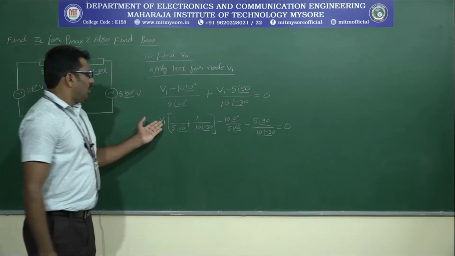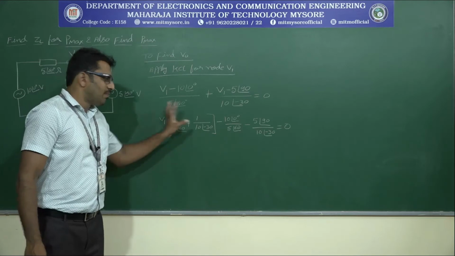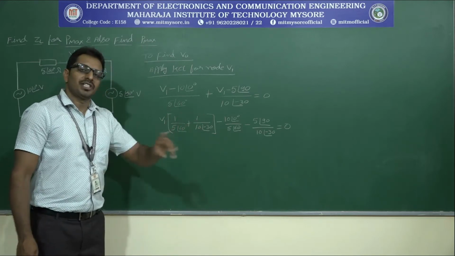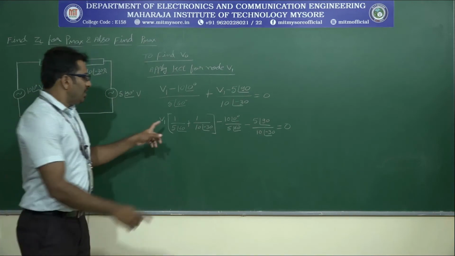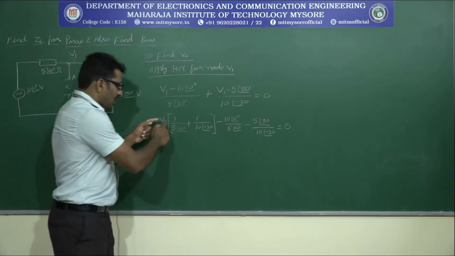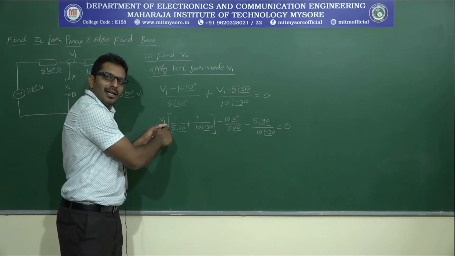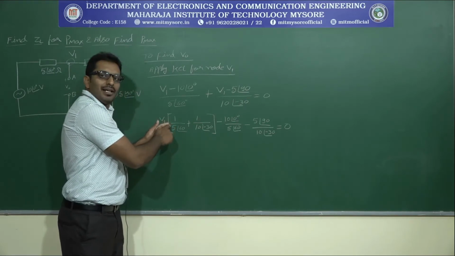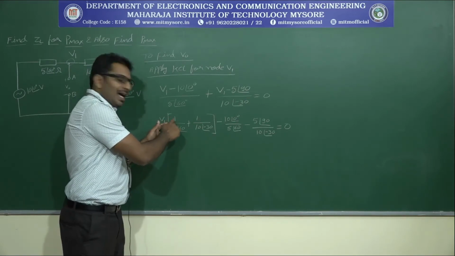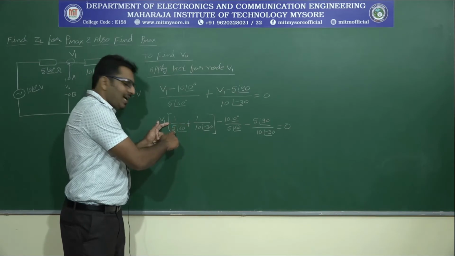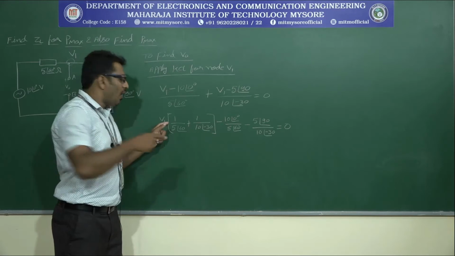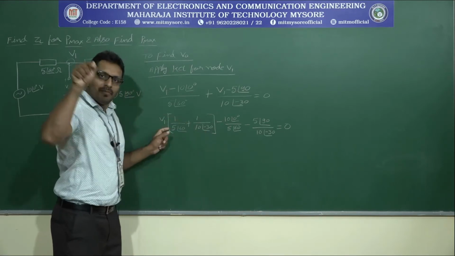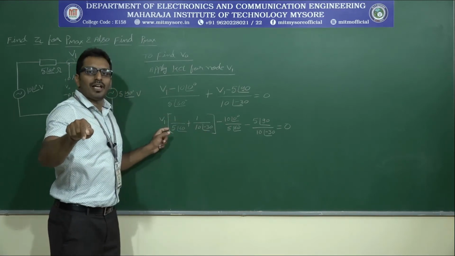Next, by taking V1 as a common factor, simplify this term first. First, keep your calculator in complex mode. Then use proper brackets. First open the bracket. Once again open the bracket. Enter 1 divided by 5. You can see the option to enter the angle. I already explained how to enter these values by keeping your calculator in complex mode.